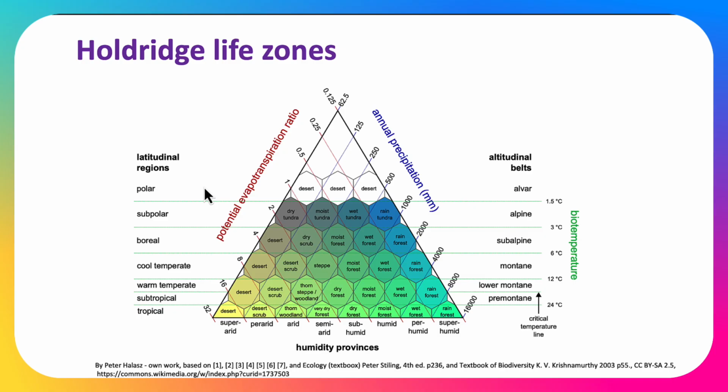And on this side, we have our latitudinal regions, so poles all the way down to the tropics. And down here, we've got the humidity as well. And then also we've got the evapotranspiration ratio.